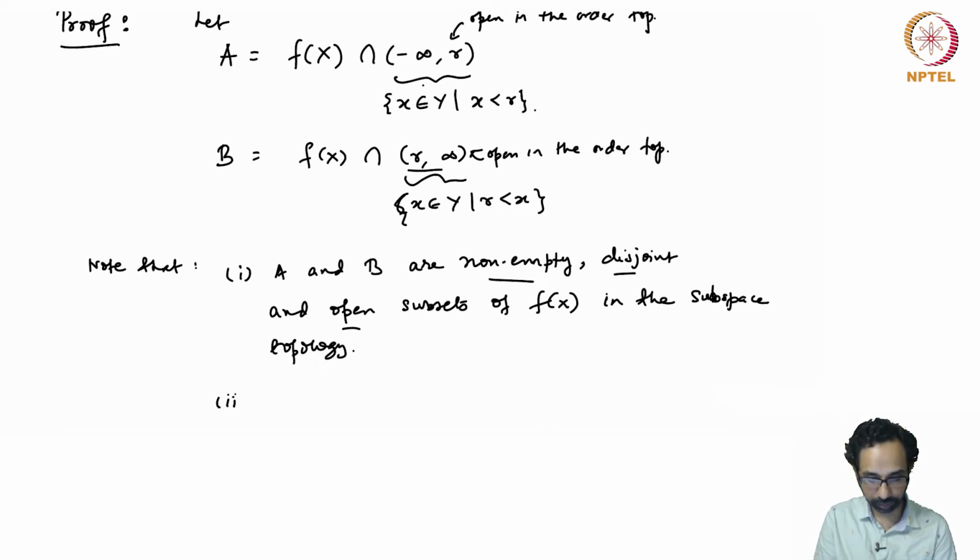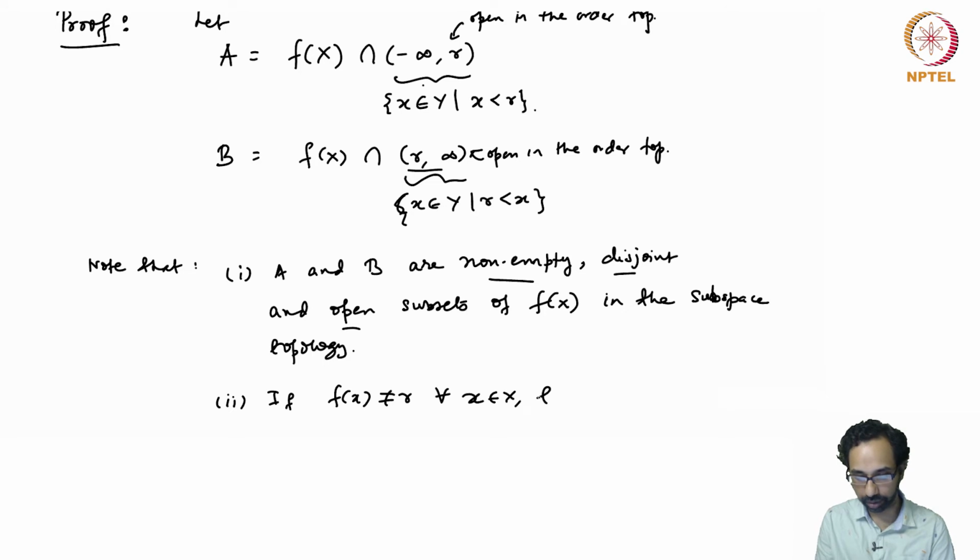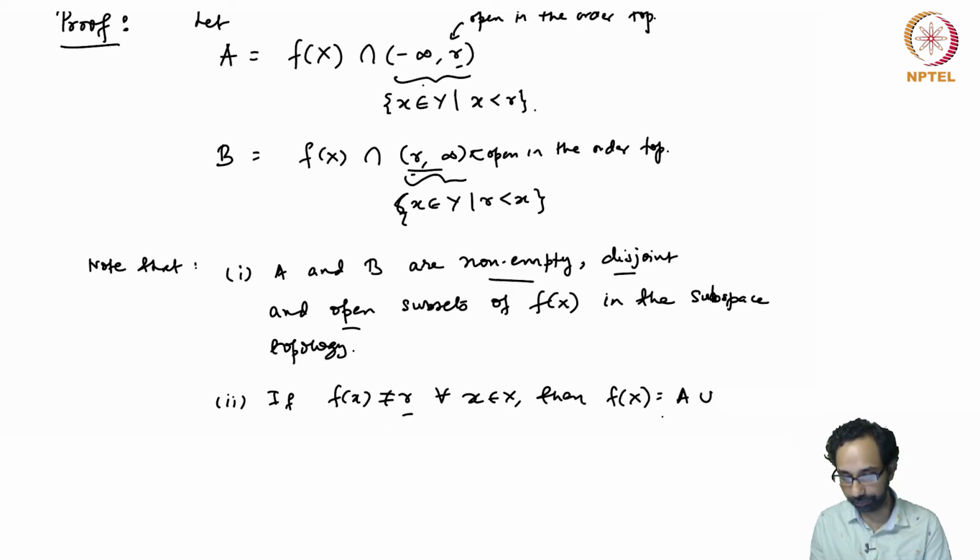And if f of x is not equal to r for all x in X, then we have that the set f(X) is the union of A and B. This is because we have excluded r here, and so if f(x) is not equal to r, then f(X) is the union of these two sets A and B, and this is enough to reach a contradiction.